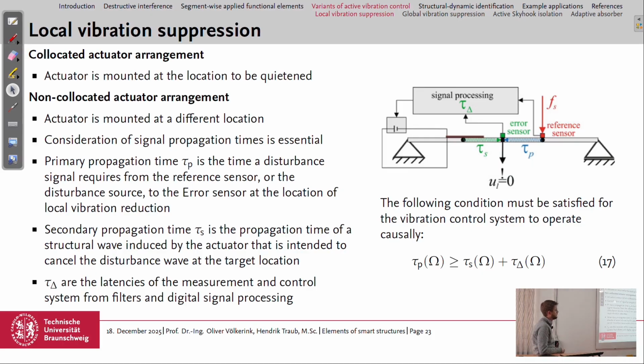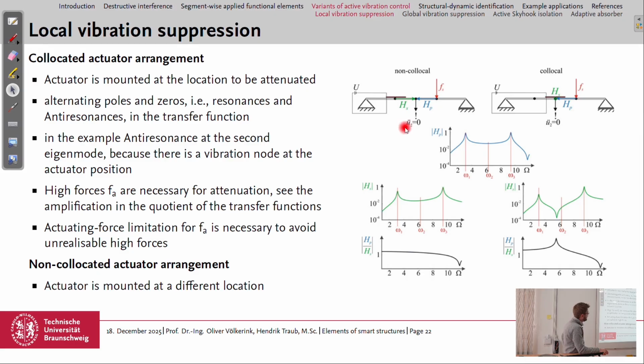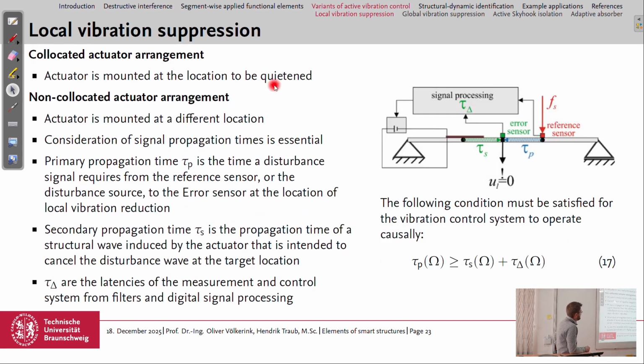This is the limit if we have the non-collocated actuator arrangement. So in the first case, our limitation is that we need really high forces for some frequencies due to the anti-resonance. And in this arrangement, our limitation is the traveling time of the wave and the signal time, which limits the position of the actuator, or the in-plane position of the actuator.